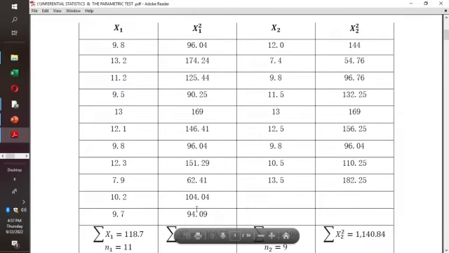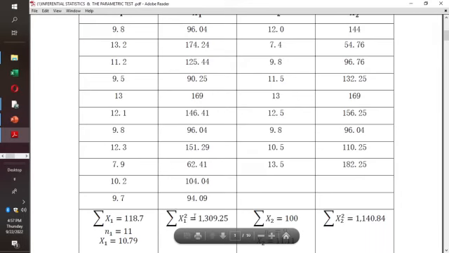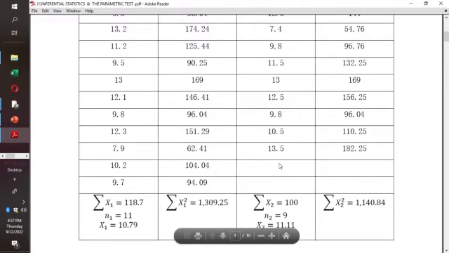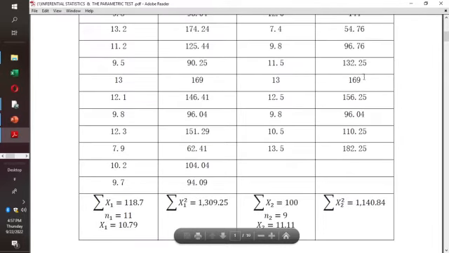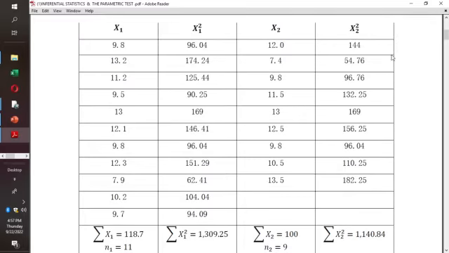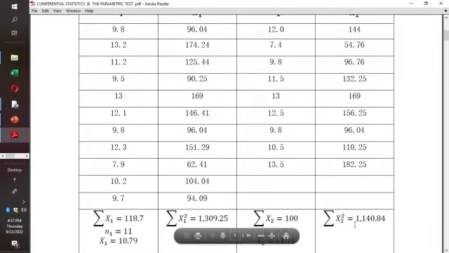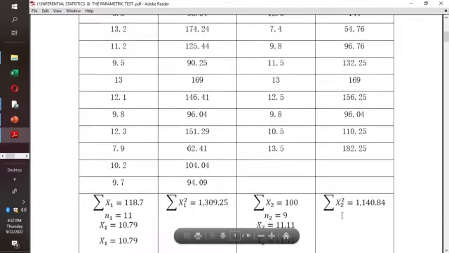So dito po, the summation of x squared is equal to 1,309.25. Sa group 2 po, the summation is equal to 100. The number of observations in group 2 is 9, and the mean is equal to 11.11. So, equal po in this group, which is 1,140.84.